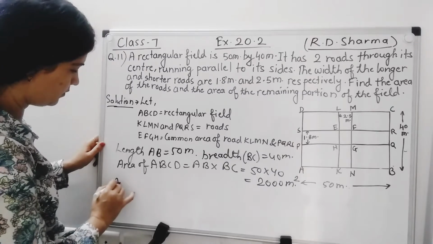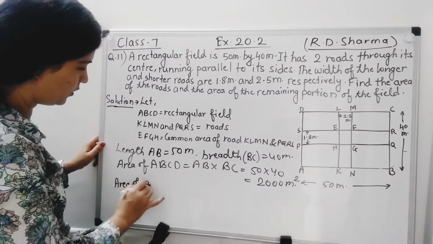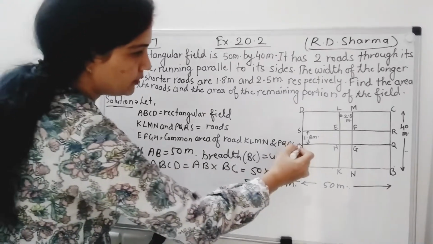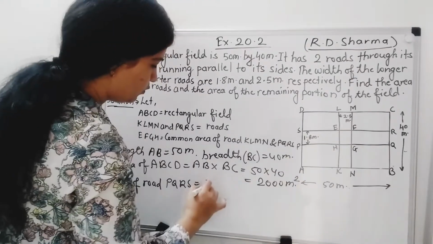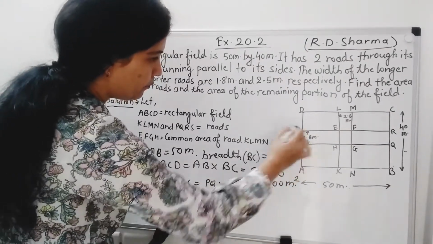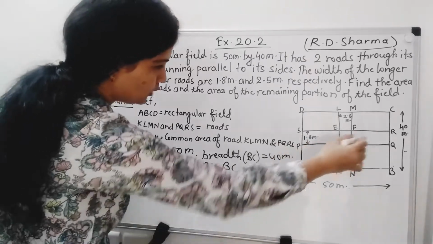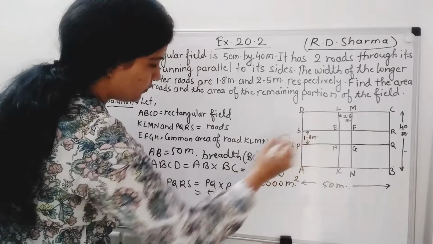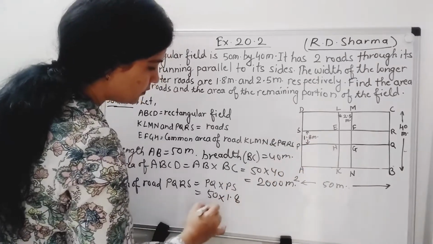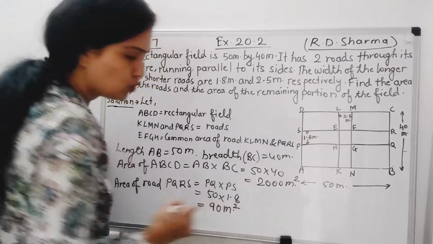Now the area of road, first we will see PQRS. It will be PQ multiplied by PS. PQ is parallel to AB, so it will be 50, and PS is the width, given as 1.8 meter. So it will be 90 meter square.